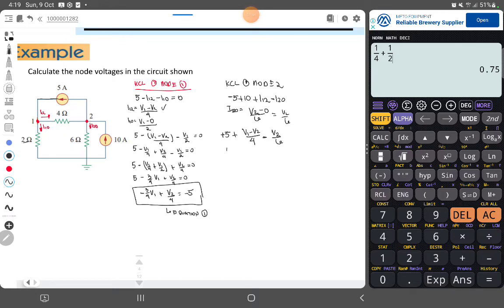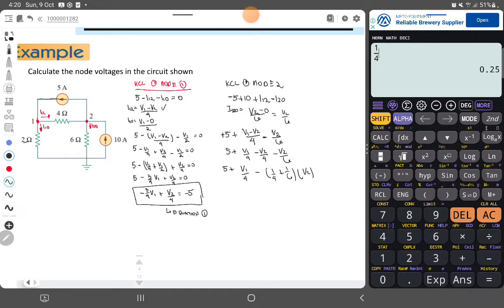So from here I have 5 plus V1 over 4 minus V2 all over 4 minus V2 all over 6, or I can write this as 5 plus V1 all over 4 minus (1/4 plus 1/6) V2.